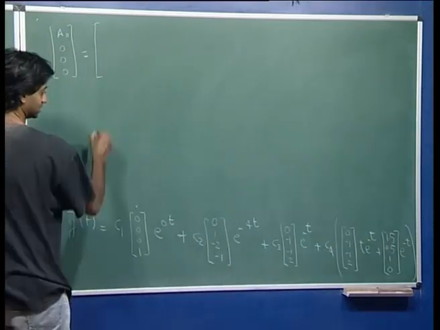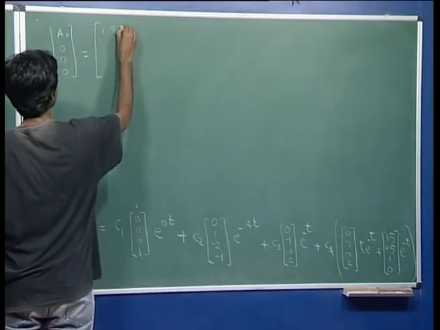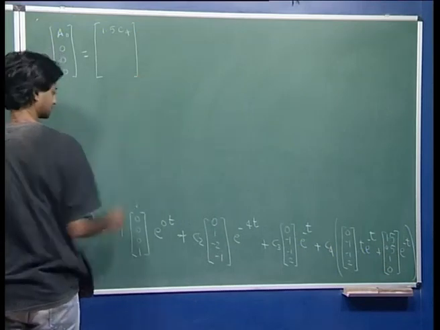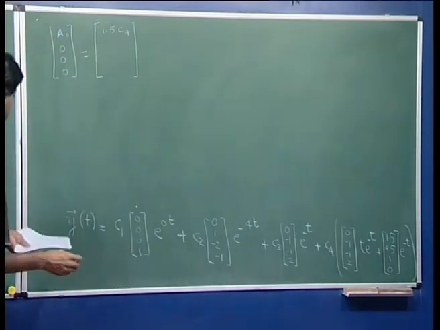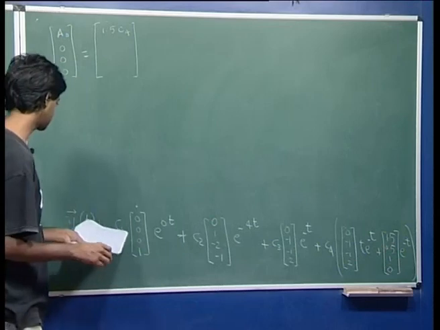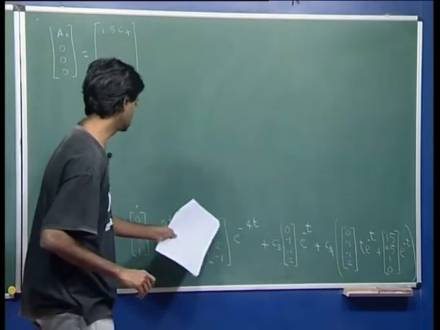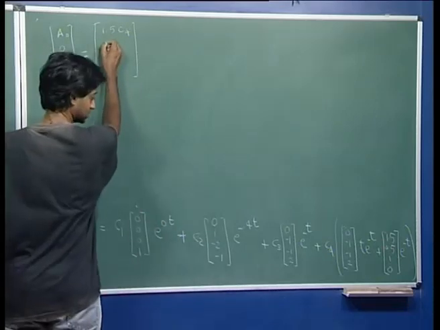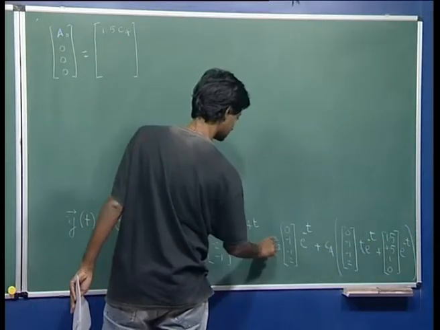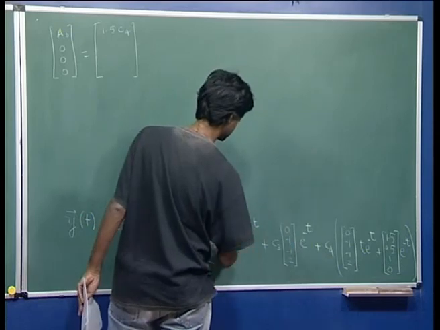Okay. So, I get minus 1.5 C4, and then when I substitute here, what I will get is C1 times 0, C2 times 1, minus C3. So, C2 minus C3.